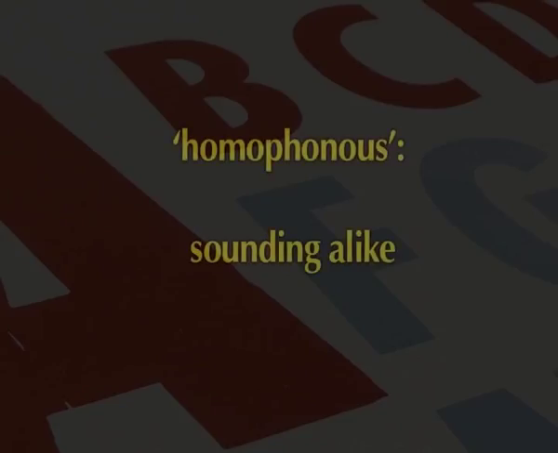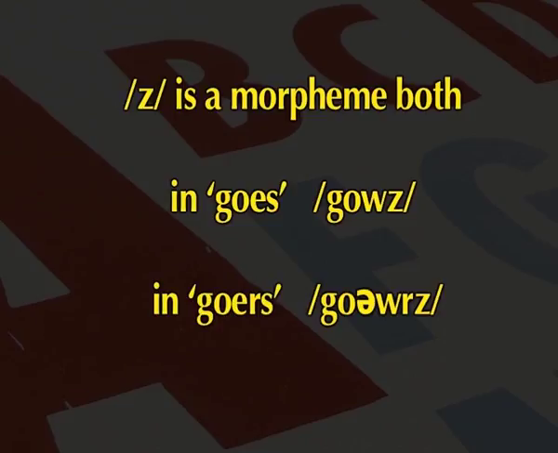Frequently, 2 morphemic elements are alike in expression, but different in content. Such pairs are called homophonous, literally sounding alike. Thus, z is a morpheme both in goes and goers, but not the same morpheme.